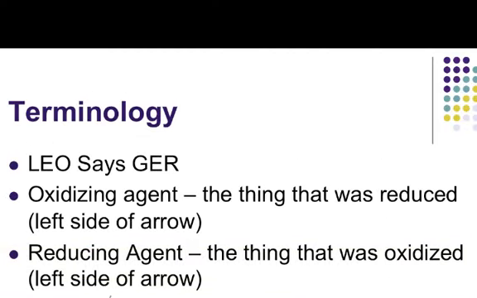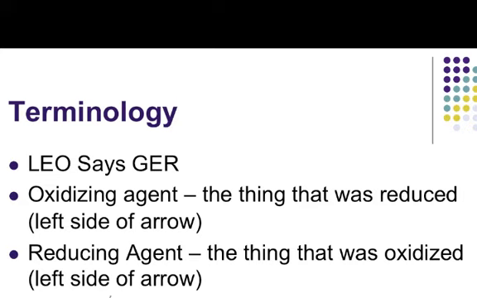Right? The oxidizing agent, and this is something we'll practice in class, the oxidizing agent is what was reduced. Meaning, the oxidizing agent is the thing that stole the electrons, the thing that took the electrons in the first place. The reducing agent is the thing that was oxidized, or the thing that lost the electrons.